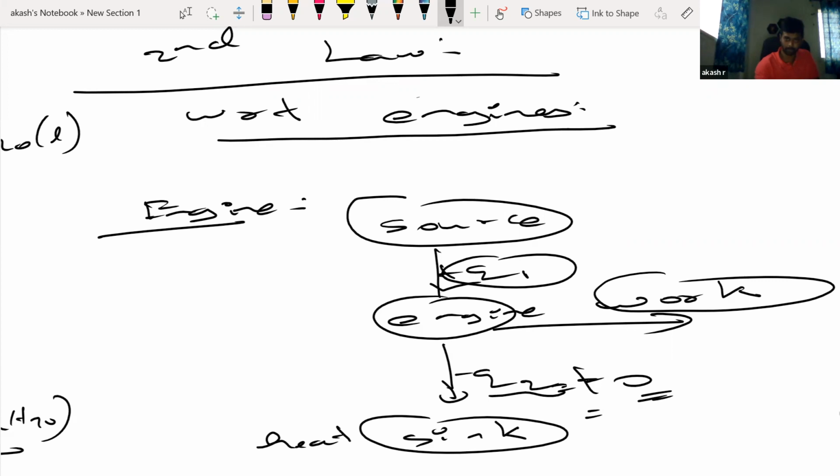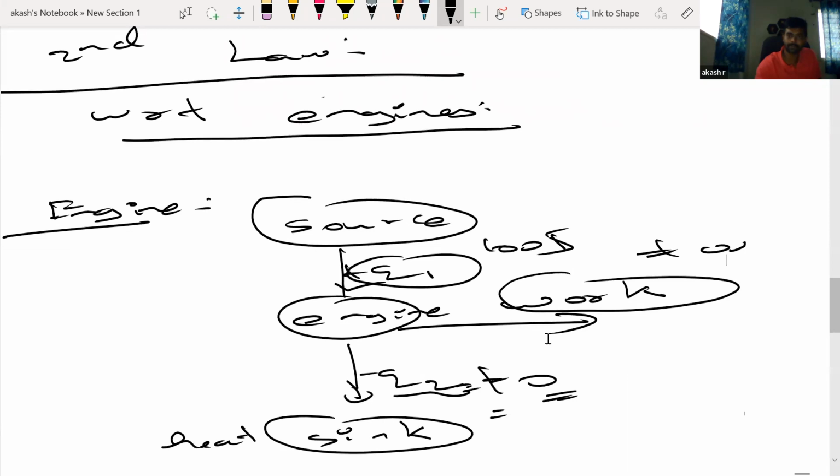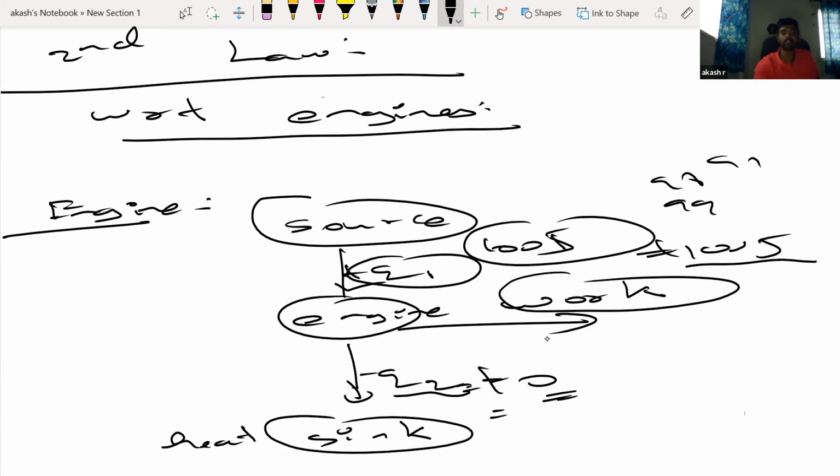Say, for example, if this Q was 100 joules, the work output cannot be equal to 100 joules. It will be maybe 99 joules, 98 joules, 97 joules, but it cannot be 100 joules because some amount of this heat will be going as heat loss to the sink.